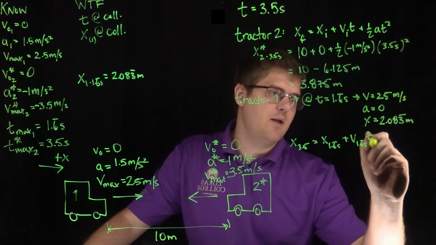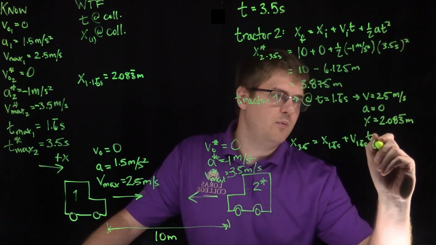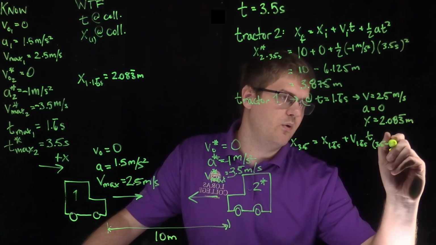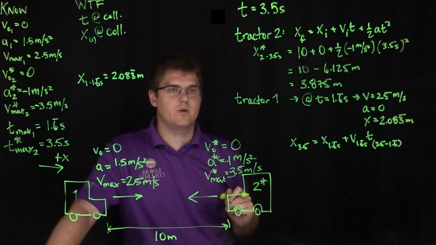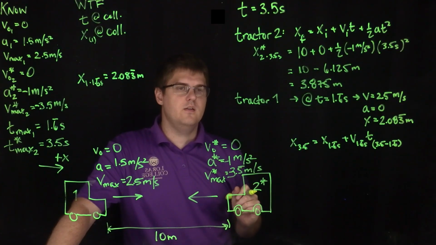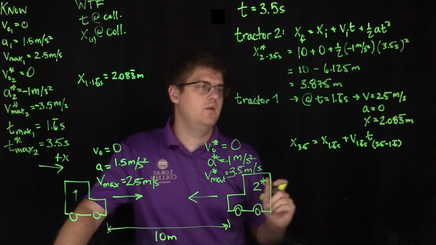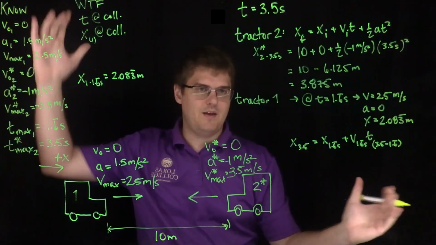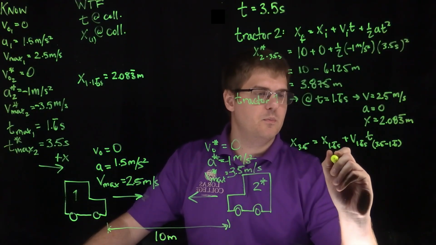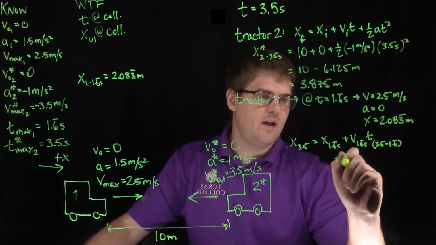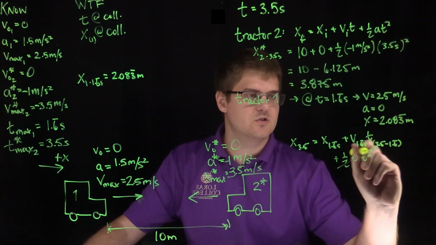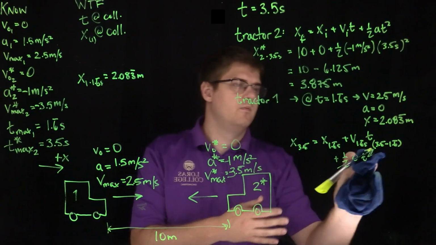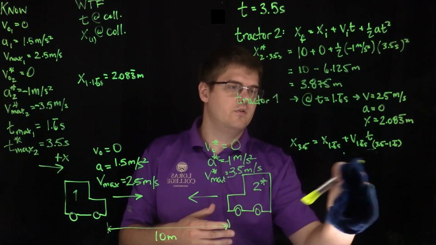And this is the time between 3.5 and 1.6 repeated. I am very sorry, this is probably harder to read than the whiteboard. Plus 1/2, my acceleration is 0, t squared. That just goes away, so I'm just going to erase it.